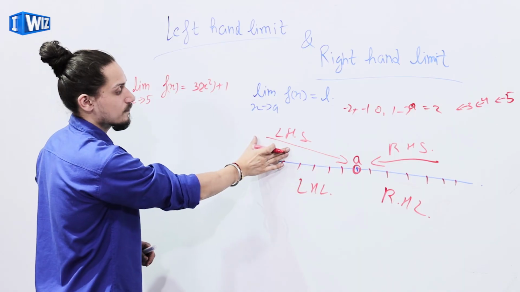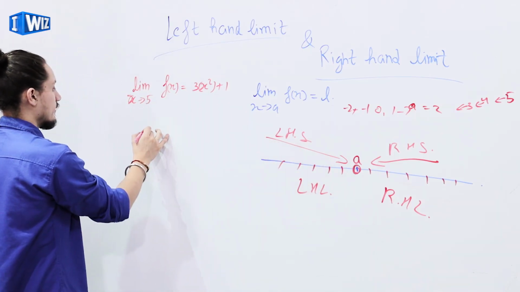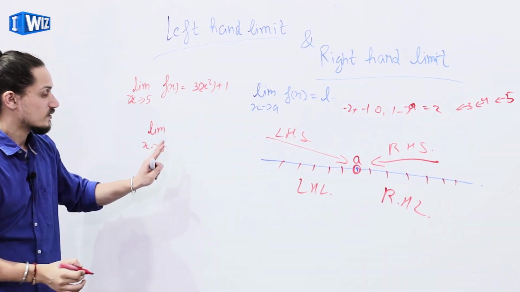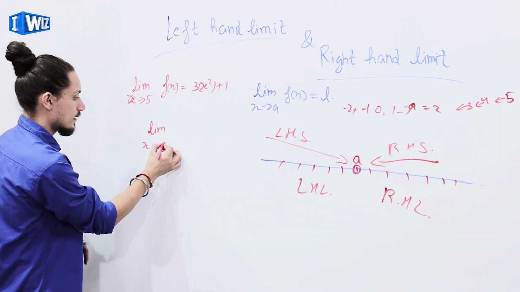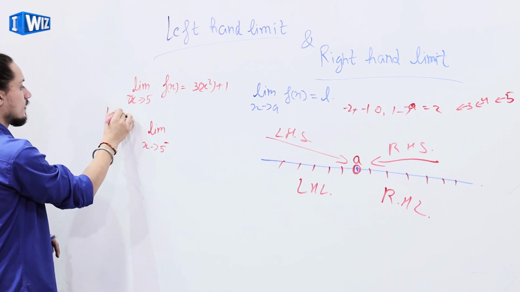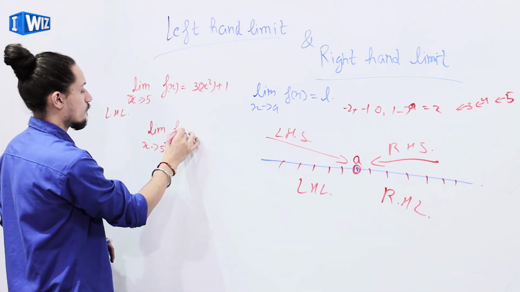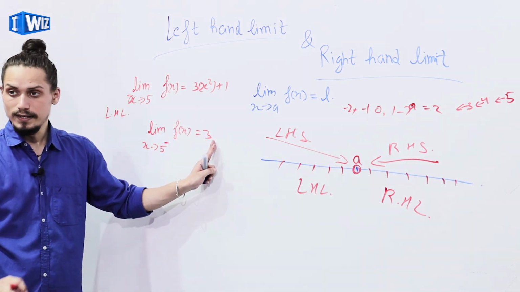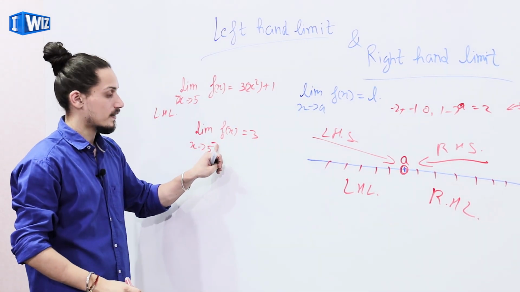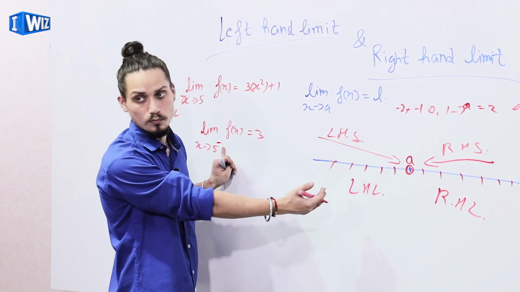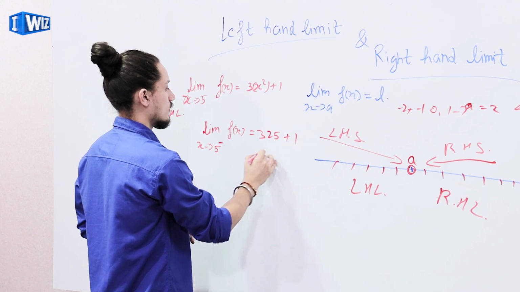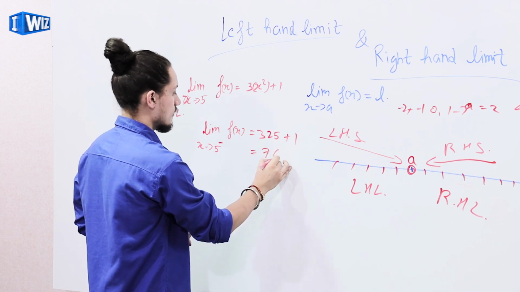So अगर मेरे को इसकी left hand side से limit check करनी है, I can write limit x approaches 5, लेकिन इसकी superscript क्या लगाऊंगा मैं? Negative sign for left hand limit. तो इसकी value क्या आएगी? f of x is equal to 3. यहाँ पे 5 के साथ negative sign नहीं लगेगा, मैं सिर्फ ये दिखाने के लिए इसके ऊपर negative लगा रहा हूँ कि ये left hand side से इसको approach करा रहा है. Okay, so 5 square 25 + 1, which is equal to 76.